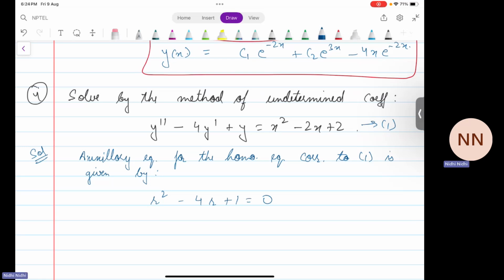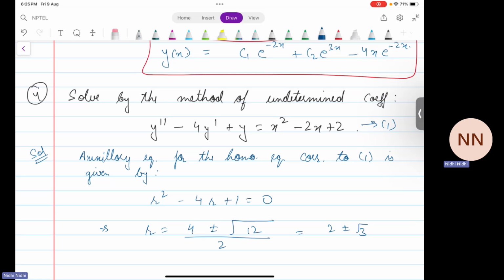Now we all know how to solve a quadratic equation, how to find roots of a quadratic polynomial. We start with finding a discriminant, and using that we find the roots. So here we get r is equal to 4 plus minus under root 16 minus 4, we get 12, by 2, which is basically 2 plus minus root 3. So now we have two distinct real roots.